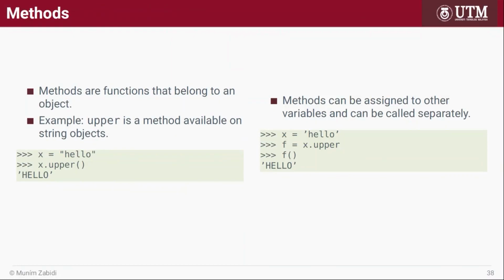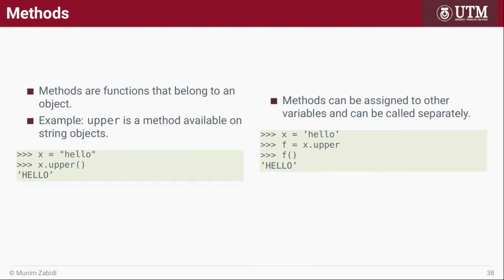That means the function is now attached to the object. And in object-oriented programming, such a function is called a method. Just to differentiate between a normal function and a function that works with an object, we call it a method.